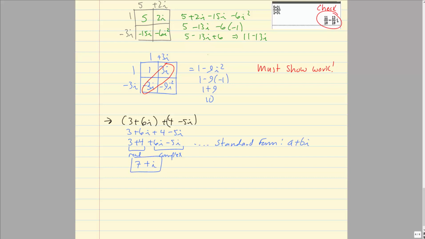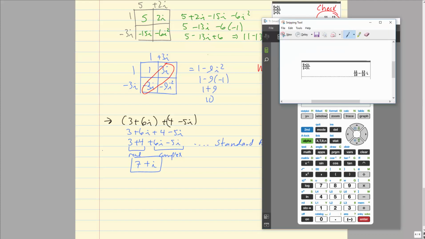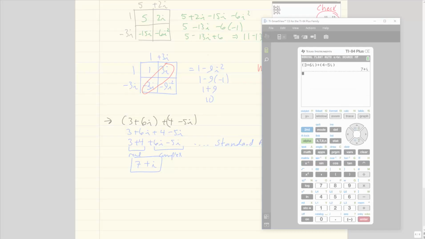Now you can check this on your calculator as well, but again, you have to be able to show your work. So in parentheses, I'd have my 3 plus 6i, i is above the decimal, plus 4 minus 5i. And you can see that we're at 7 plus i. Now, always be sure that you are in complex mode.